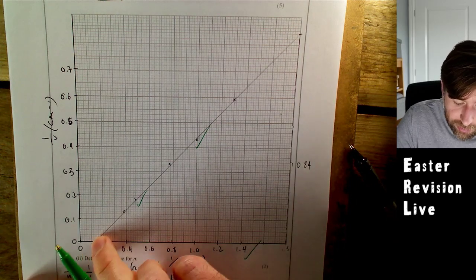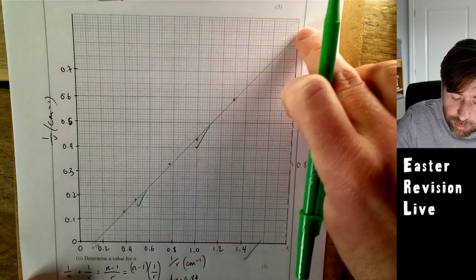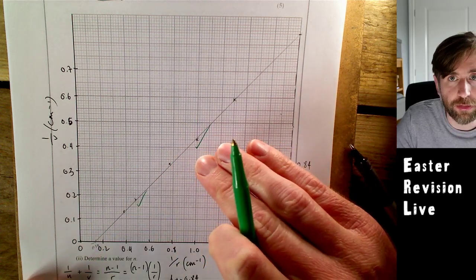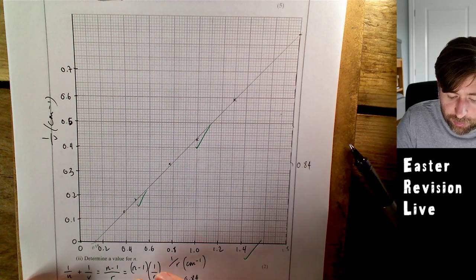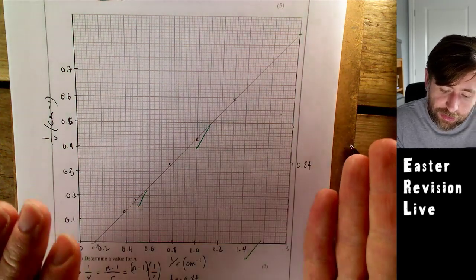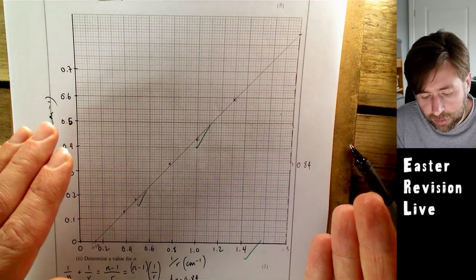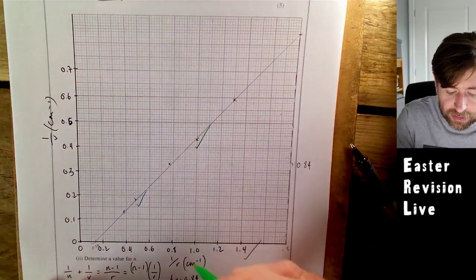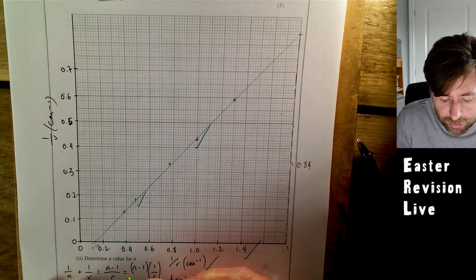Look really carefully: I've got most of the points right on it, one just below it, one just above it, the rest are pretty much okay. So make sure that your lines of best fit are sensible. Essentially, if the points are all above it on one end or all below it on the other end, then it's not going to be the right gradient. And then the last mark is for the labels with units.